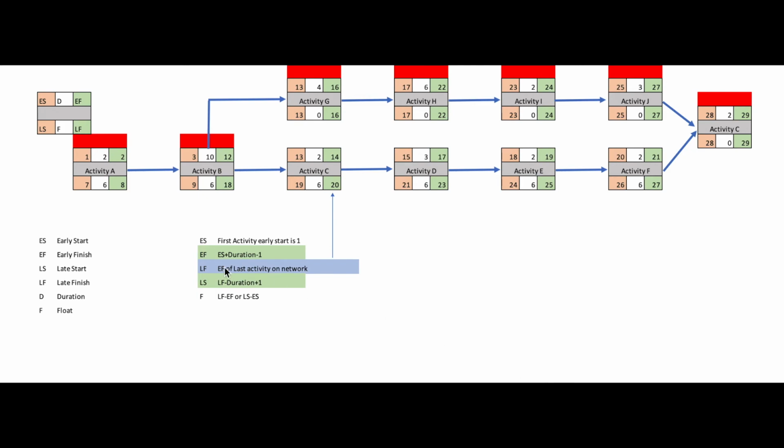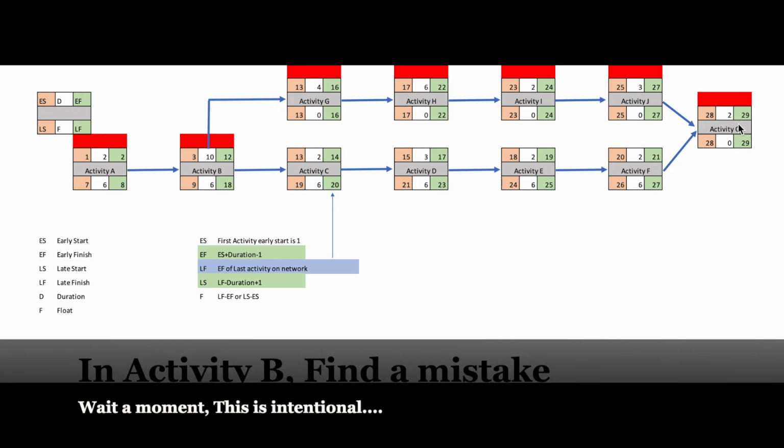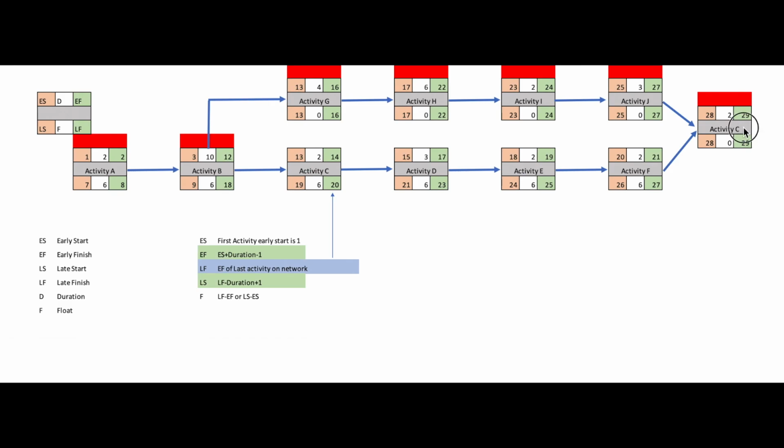So here I have these activities: activity A, B, C, D, E, F, G, H, I, J, K. Okay, now I have formulas in all the cells. So this is our critical path: activity A, B, G, H, I, J, and K. If we change, let's see, I'll put here duration as 6.